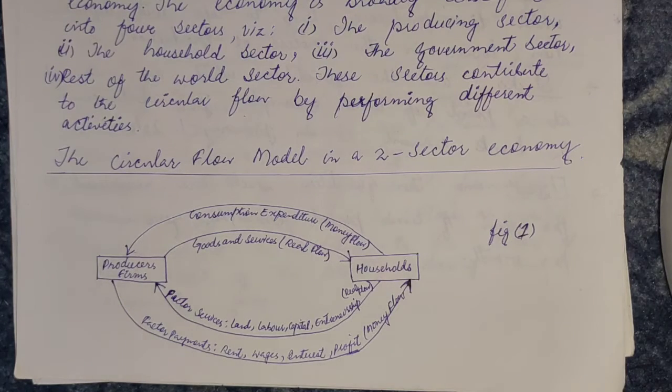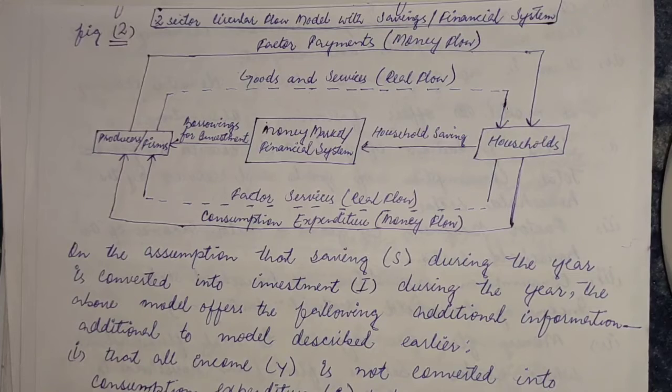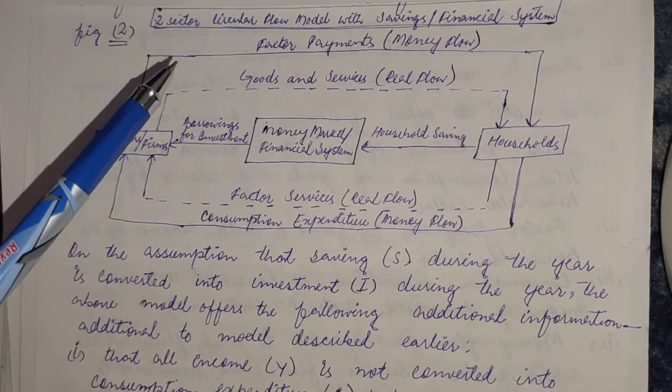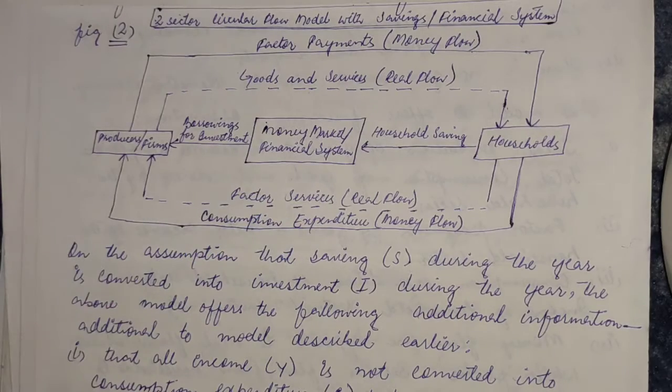Now, this is the circular flow model in a two sector economy. Now, we will discuss the two sector model, circular flow model with saving and financial system.